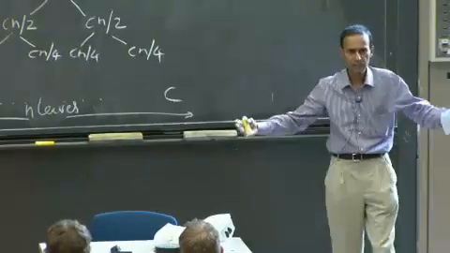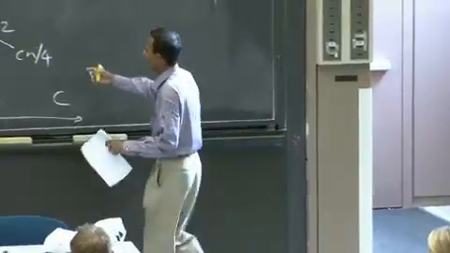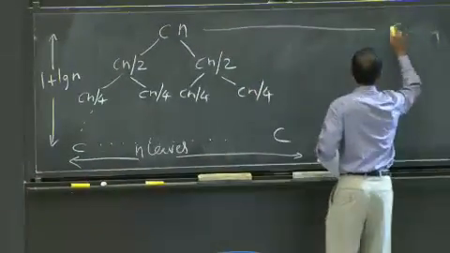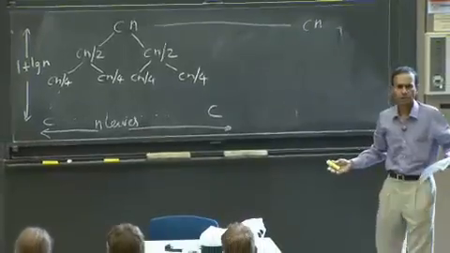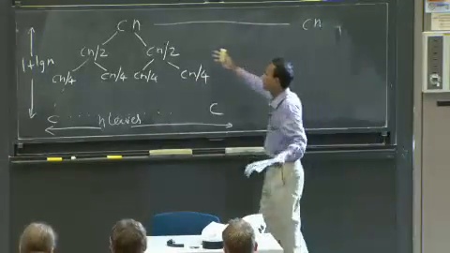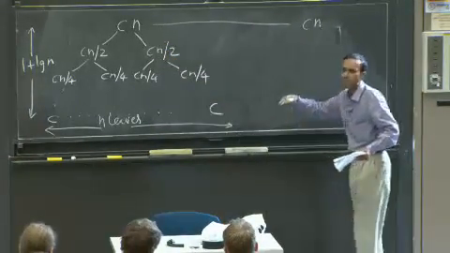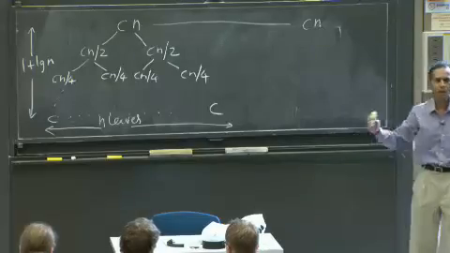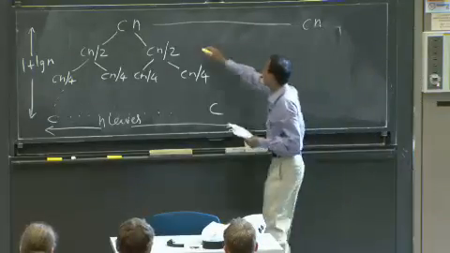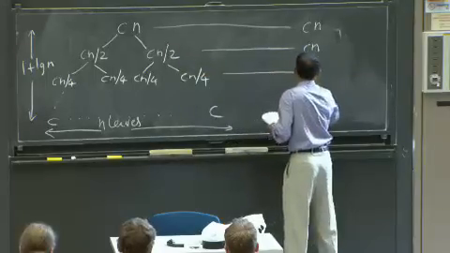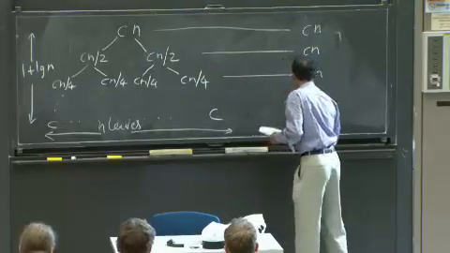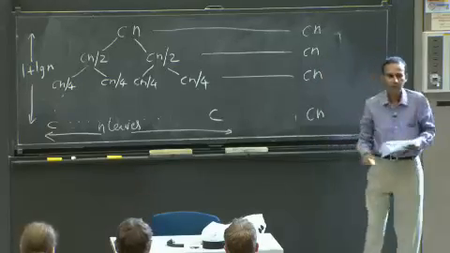Right? So now let's add up the work. I really like this picture because it's just so intuitive in terms of getting us the result that we're looking for. Right? So you add up the work in each of the levels of this tree. All right? So the top level is cn. The second level is cn, because I added half and half. cn. cn.